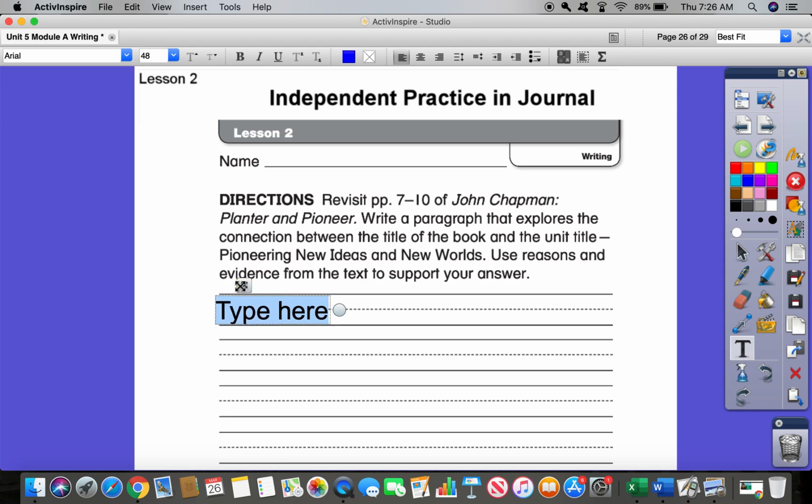When you start to type, but first you have to make sure you go back and look at pages 7 to 10, and I did put those pages in your writing journal, and I also will show them in a minute.